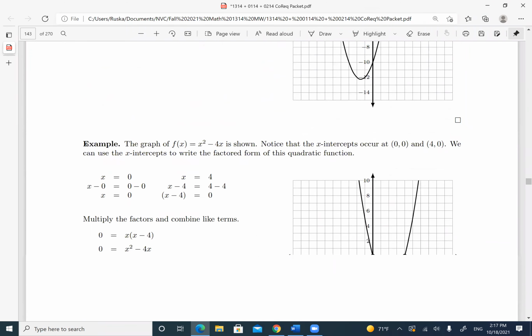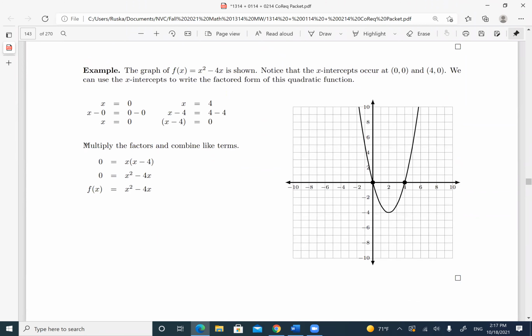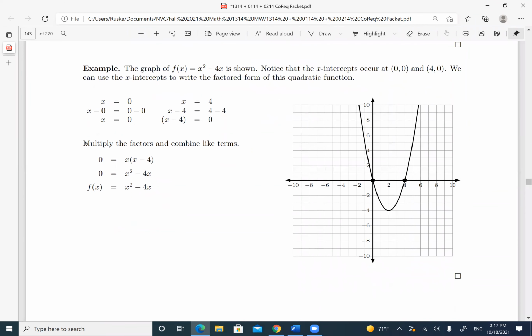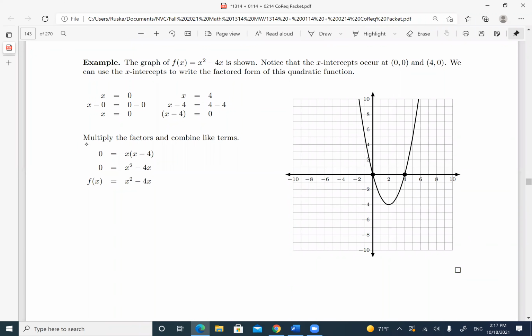Okay, let's do another example. Here we have x squared minus 4x as the function. We have the x-intercepts at 0 and 4, positive 4, right? So the factor is going to be just x, because x minus 0 is x. And the other one is going to be x minus 4.